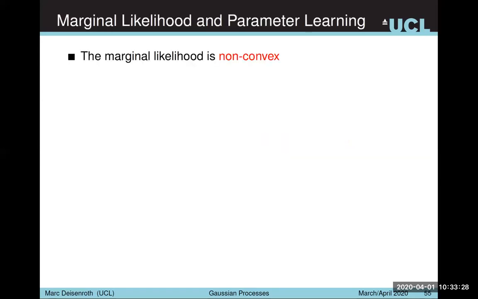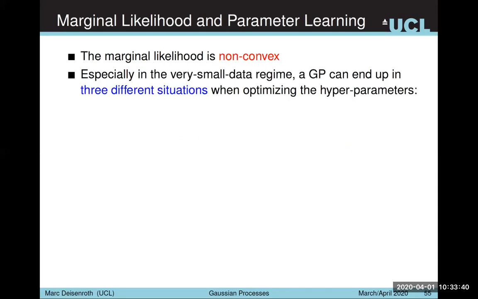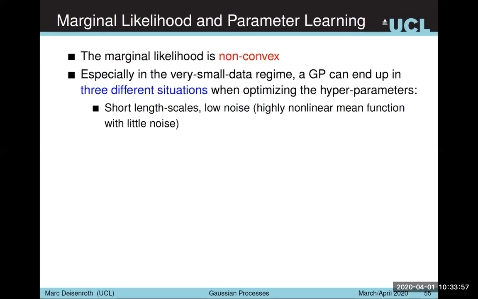To summarize bits and pieces that we have seen here: the marginal likelihood is non-convex, right? So we theoretically have multiple local optima. Especially in the small data regime, the GP can end up in about three different situations when we optimize the hyperparameters, and these are reflected in the marginal likelihood plot that we saw earlier. Either we end up with short length scales and low noise, so we have a highly nonlinear mean function with little noise around it.